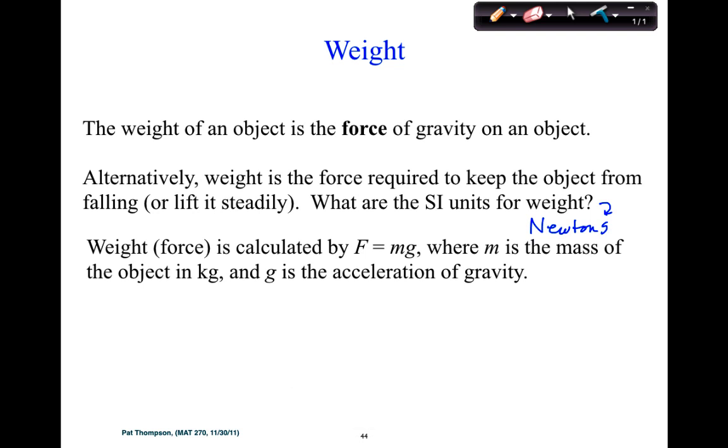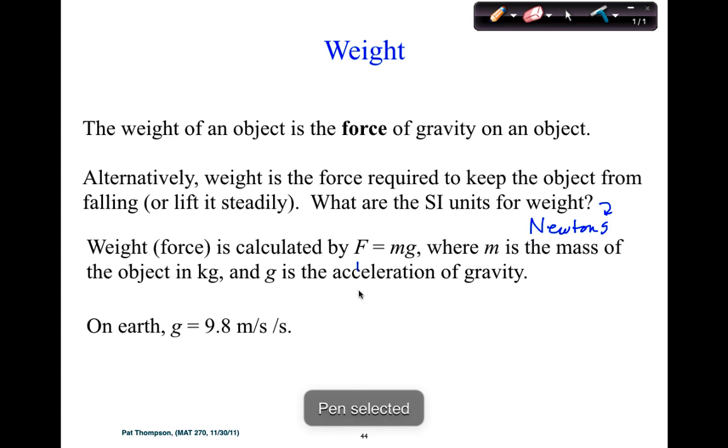Okay, so here's the relationship between mass and weight. We can use F equals mg. If m is the mass in kilograms, you multiply by g, the acceleration of gravity, that gives you the weight of the object. So this is weight equals mass times the acceleration of gravity. And on Earth, gravity is 9.8.